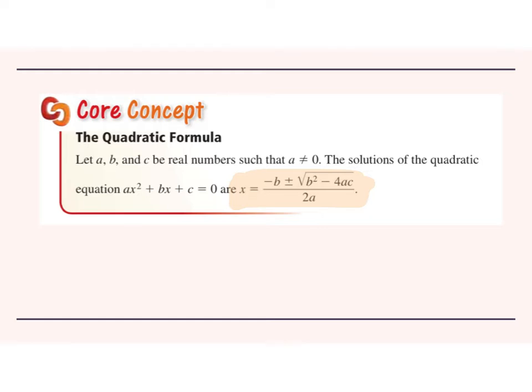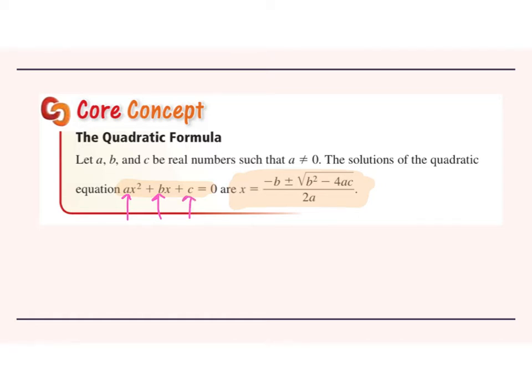So our quadratic equation, we know, is in the form of ax squared plus bx plus a constant is equal to 0. The coefficients in front of our x squared and x are our a and b, and then our constant is our c.